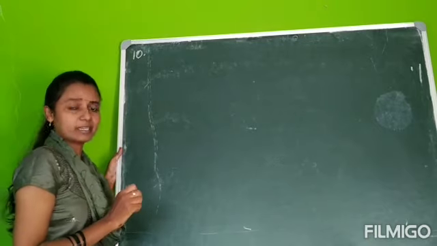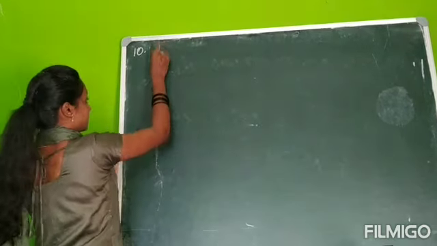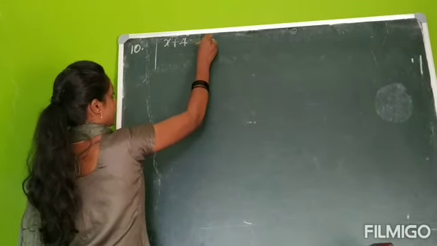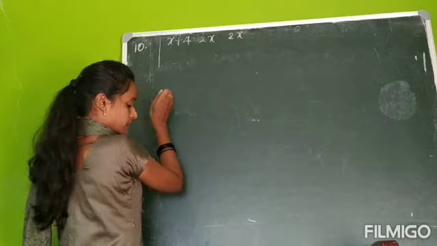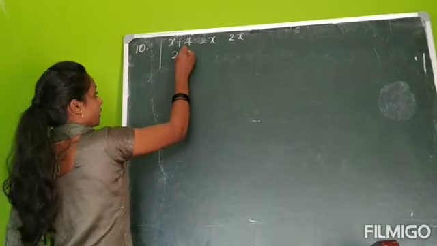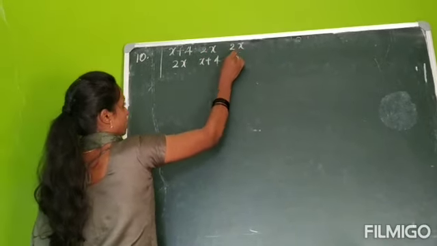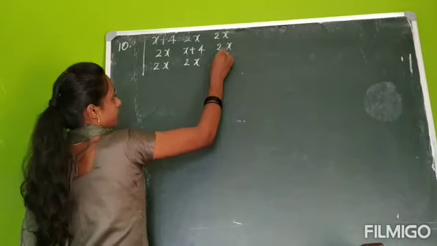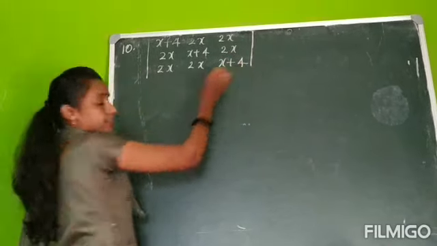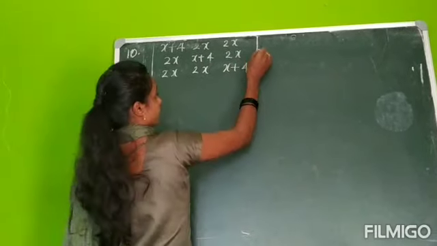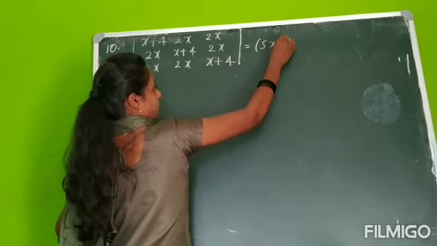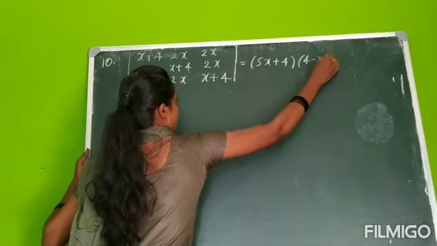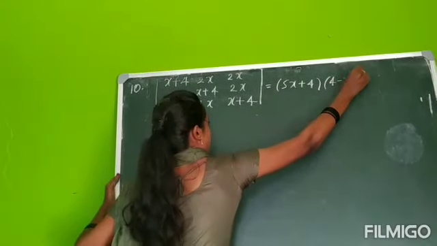Again the question is saying to prove that the determinant with rows x plus 4, 2x, 2x; 2x, x plus 4, 2x; 2x, 2x, x plus 4 is equal to 5x plus 4 into 4 minus x whole square. This is a simple one.